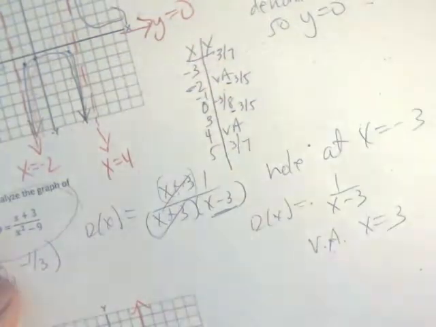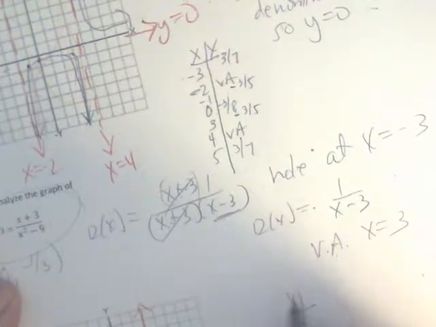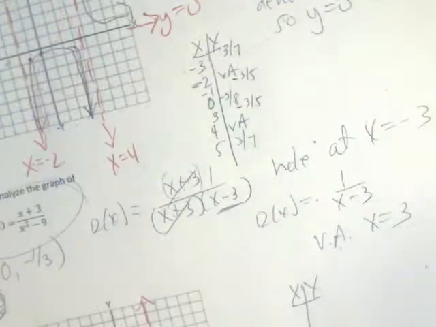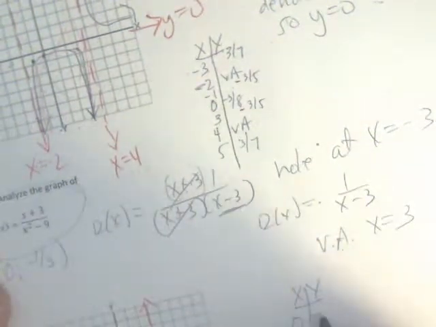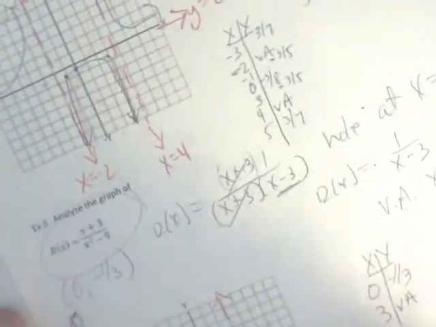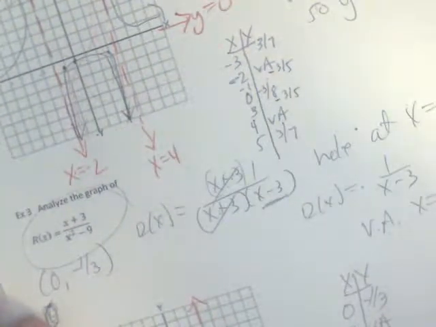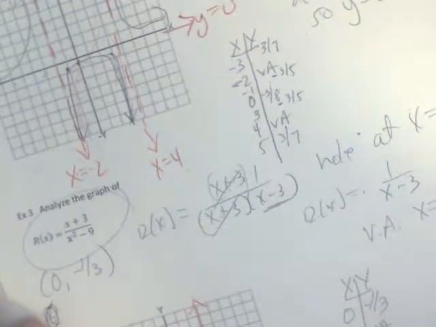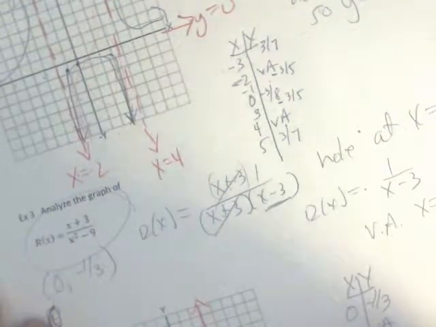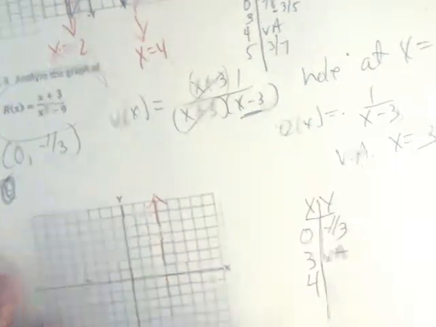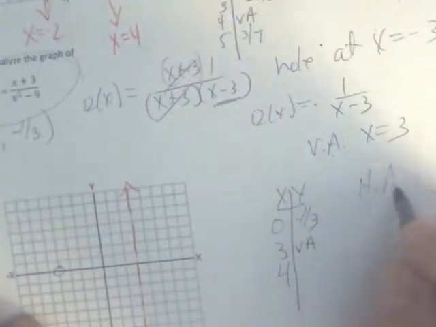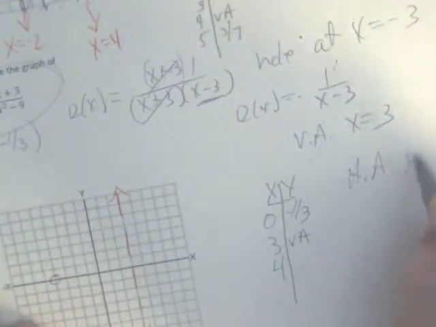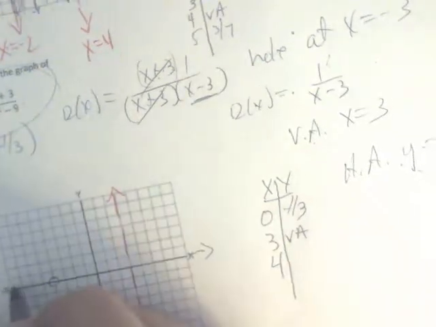So for my table, I need points on either side. I have one over here, 0, negative 1/3. And then I'm going to find another one there. Now, the horizontal asymptote, and I forgot I left that off, the degrees are different. Numerator smaller than denominator, so it's just the x-axis here.